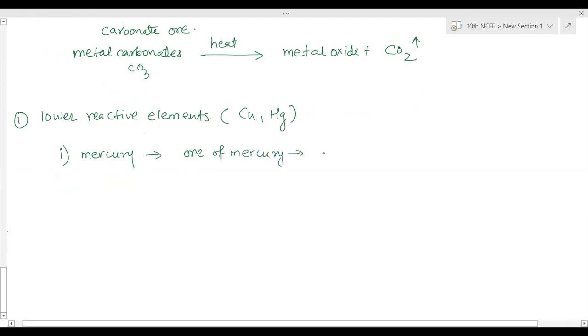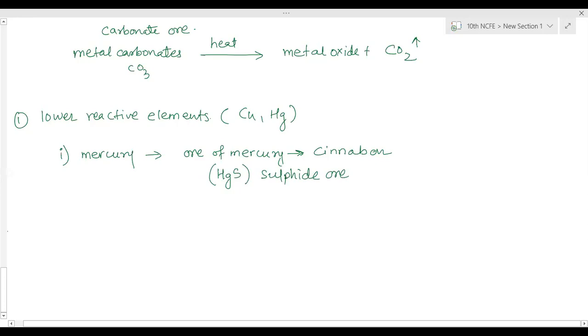Ores have some common names. Its chemical name is mercuric sulfide, HgS. So HgS is the formula of cinnabar, mercuric sulfide. It is a sulfide ore.